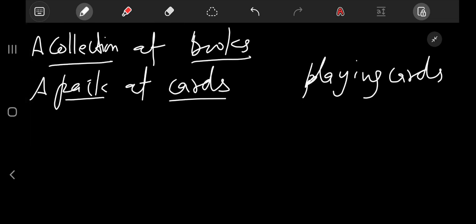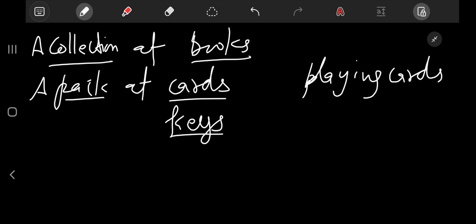Here, if we change the object from cards to keys, we can take any type of keys, vehicle keys or keys of house locks. Okay. In the case of keys, we don't call it a collection of keys. In general, we can call it anything. A collection of cards we can call as I wish.